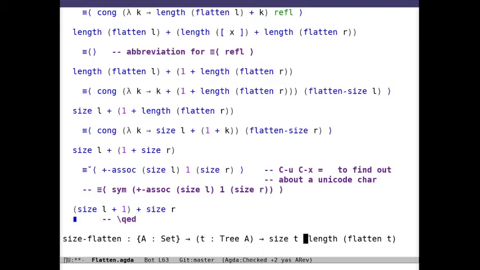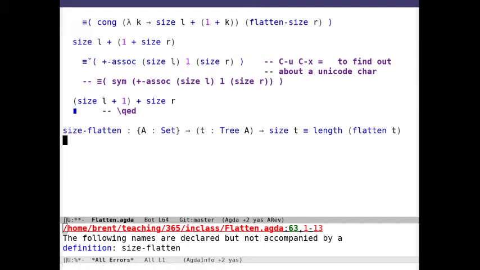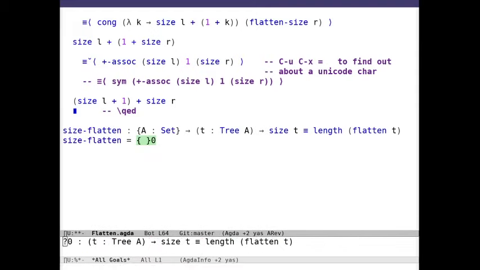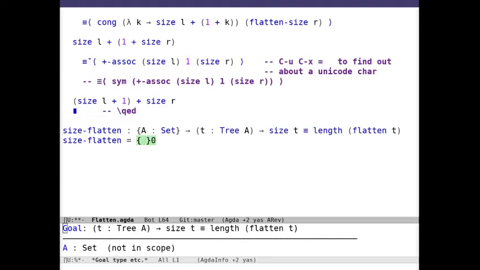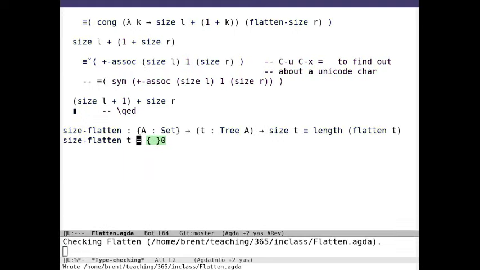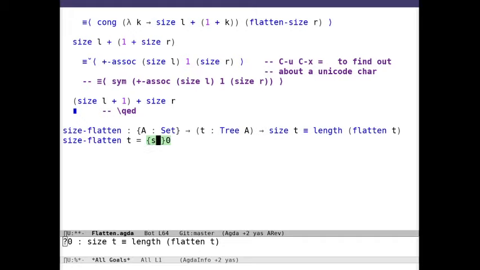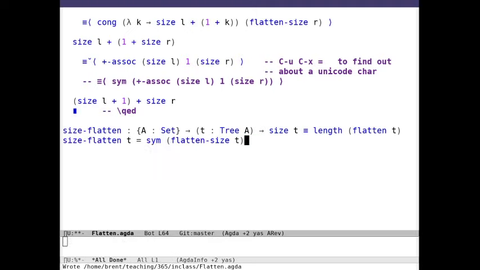Oops, I have to use actual equals. Well, I can just say, let's make an argument T. I can just say sim of flatten size T. Yeah? I mean, we could do the whole proof backwards. That would work, but that would suck. We've already done it.